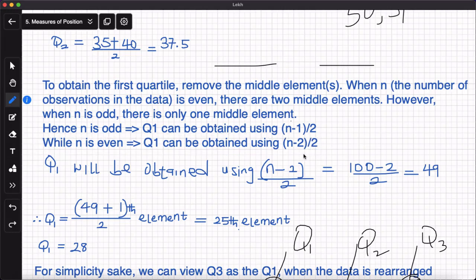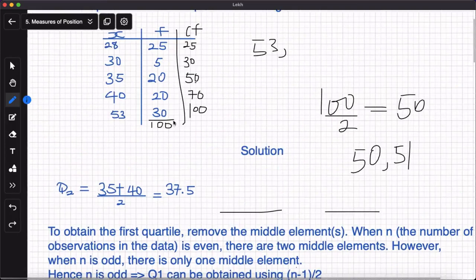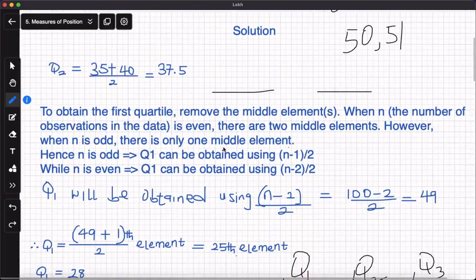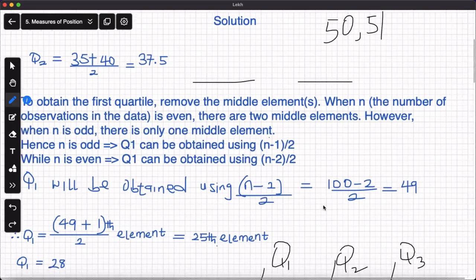In the example we have here, n is even, so we are going to have n minus 2 divided by 2 observations to the left and to the right, and that will be 100 minus 2 divided by 2. That will be 49 observations to the left and 49 observations to the right. And our median will be in the middle. So Q2. Don't forget about that.